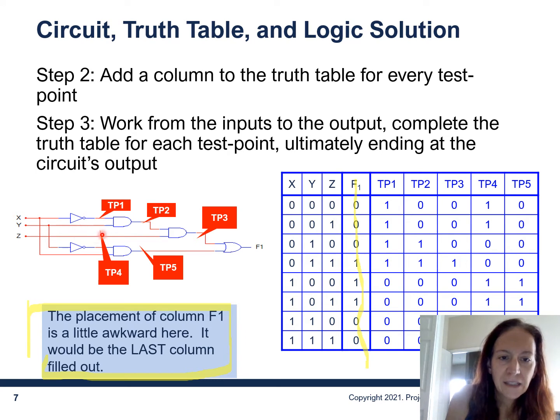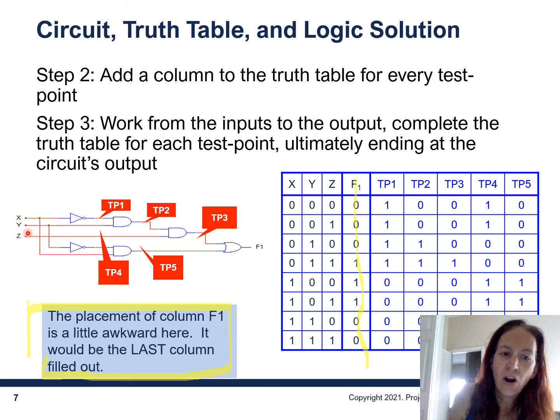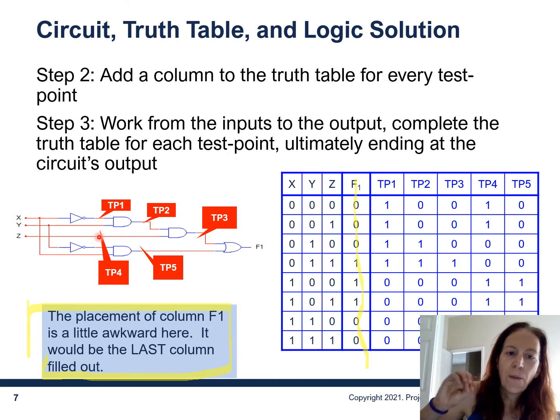Now let's look at test point 2. Test point 2 is the output of an AND gate, and the inputs to that AND gate are test point 1 going in, and Y is also going into that AND gate. An AND gate, if you recall from a much earlier lesson, will go high only if both of the inputs are high.